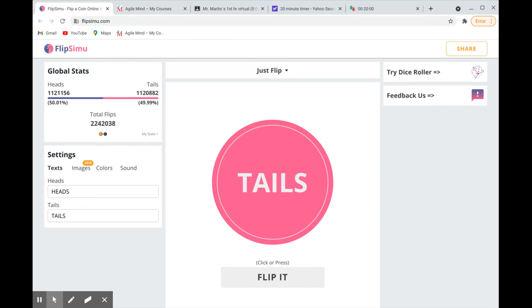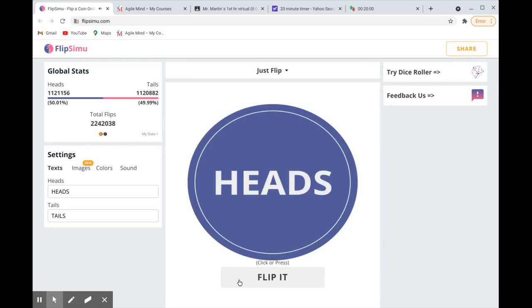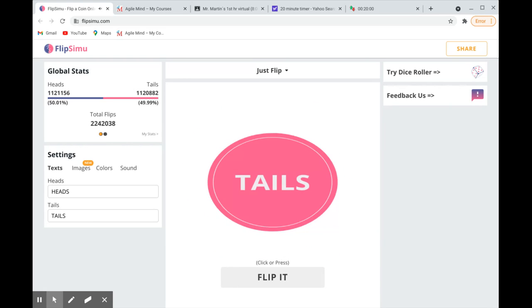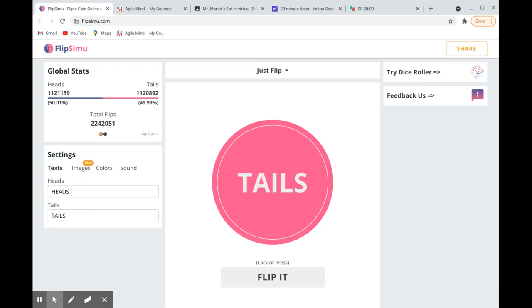Got tails again. And tails again. So I got heads once and tails 3 times. So do you think his coin is broken, or do you think that it just happened to go that way?